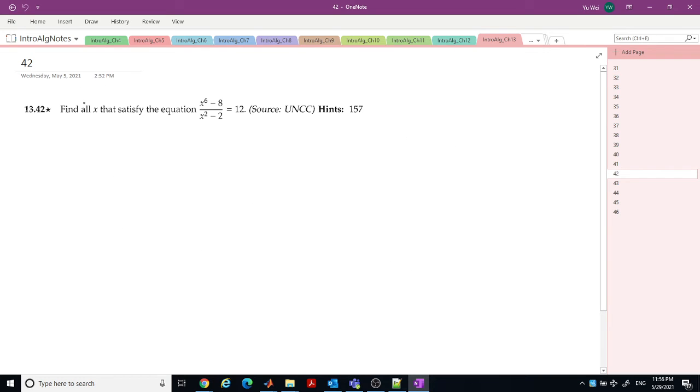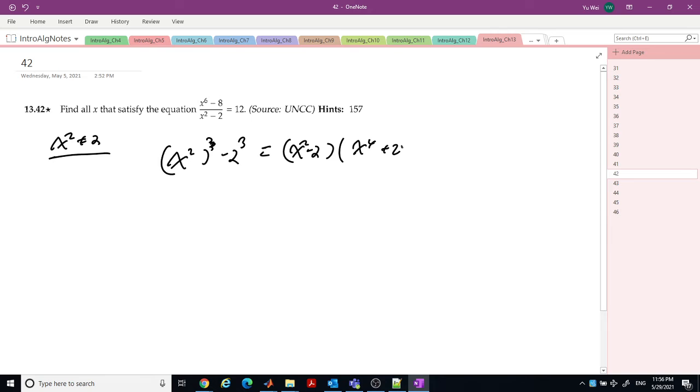So this one, okay, the first one we know x squared cannot be equal to 2, right? And then we can form the quadratic, x squared minus 2 times x cubed, which is x squared minus 2, the x cubed, the x fourth, then plus 2x squared, and plus 4, right?